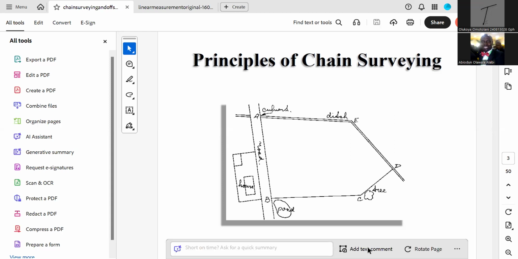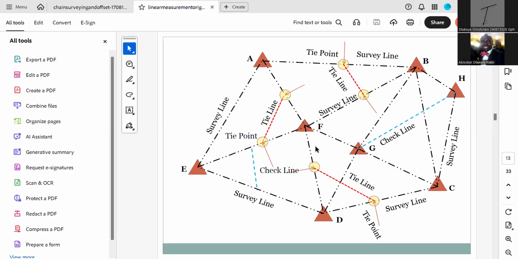So now, let's assume that I create a point between line A and E. I create a point. That point is referred to as a subsidiary station or a tie station. And what do we use that station for?